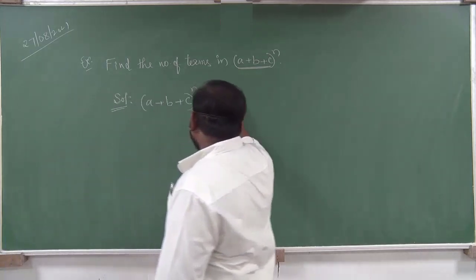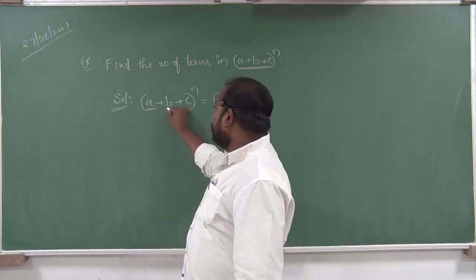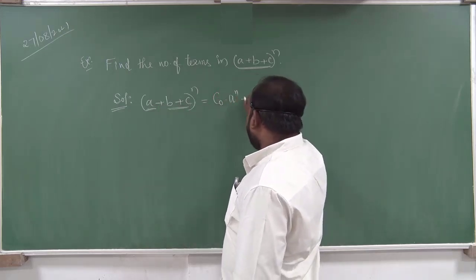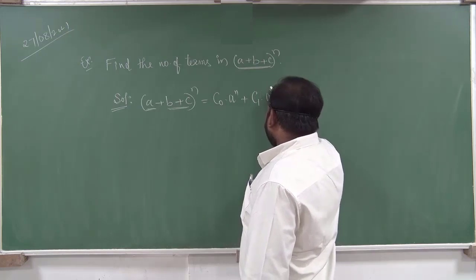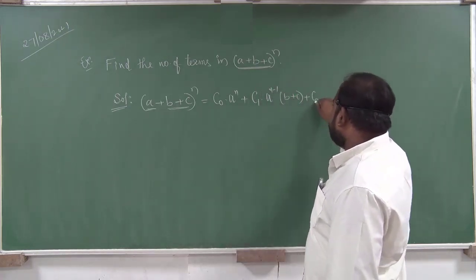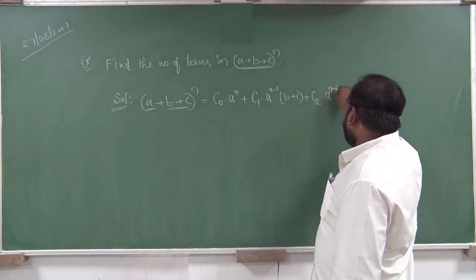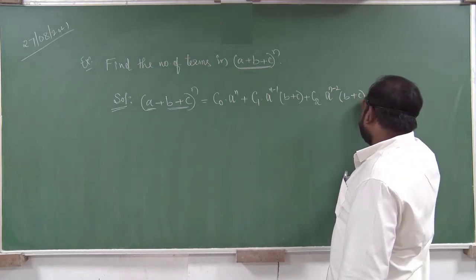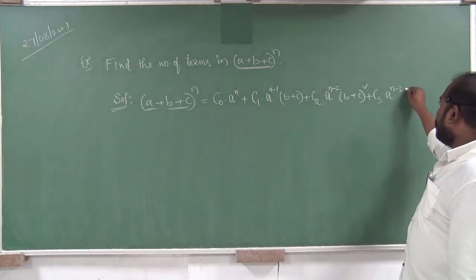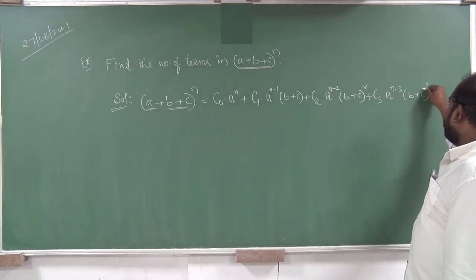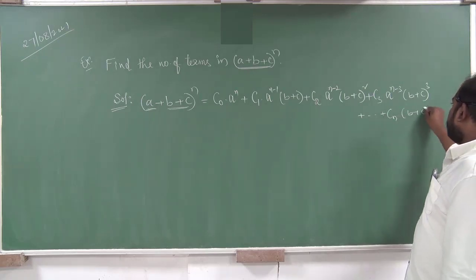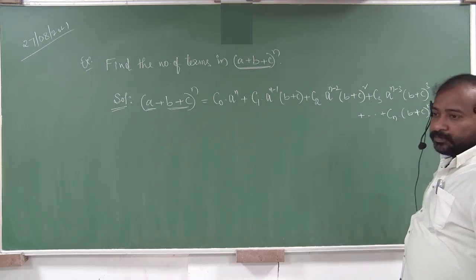If you expand this by taking a and (b + c) as the whole value, it is C0 a^n + C1 a^(n-1) (b + c) + C2 a^(n-2) (b + c)^2 + C3 a^(n-3) (b + c)^3 + ... + Cn (b + c)^n. You will get this one.